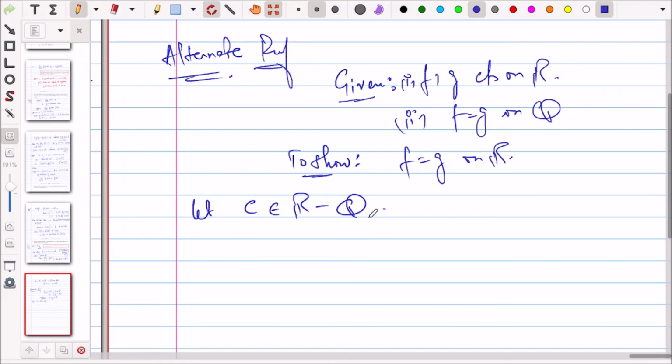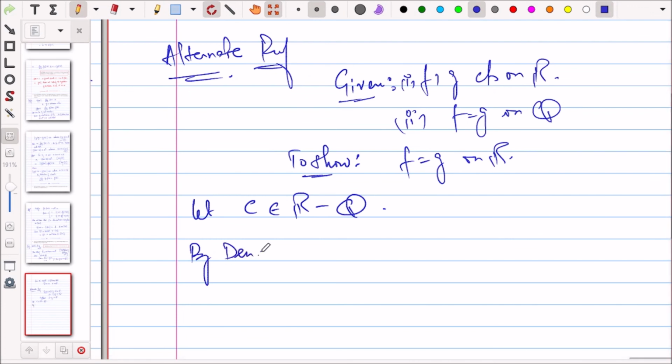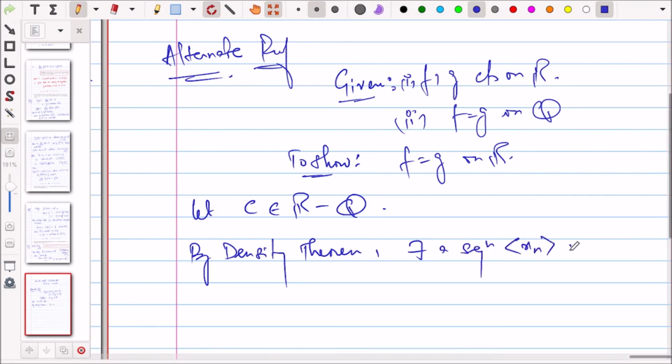Now by the density theorem, there exists a sequence x_n in Q such that x_n converges to c.